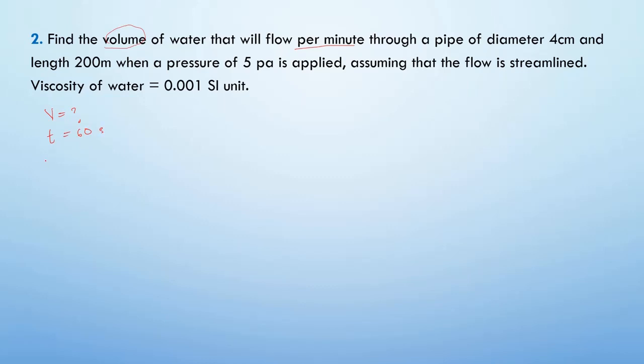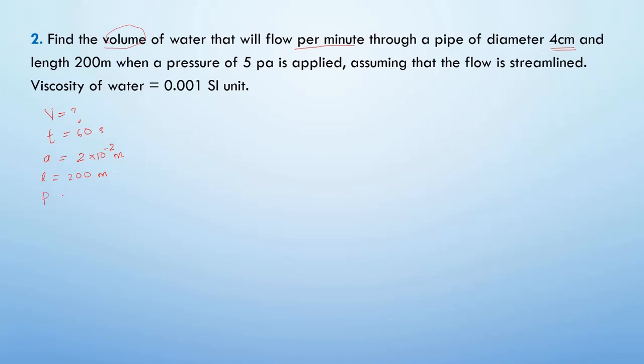And also, what is the information we have? The diameter of the pipe is 4 centimeter. If the diameter of the pipe is 4 centimeter, then its radius is half of that, 2 into 10 to the power negative 2 meter. And we have length as 200 meter.